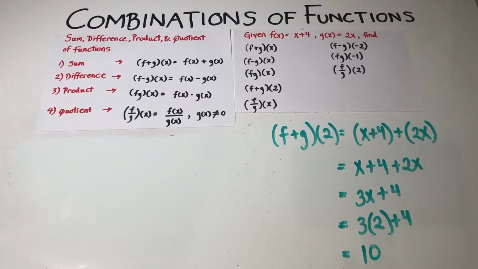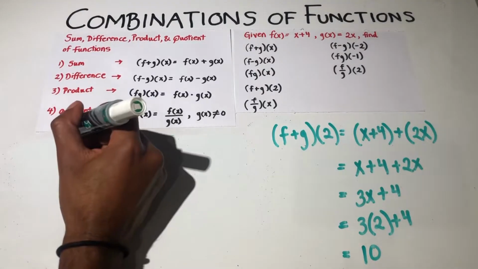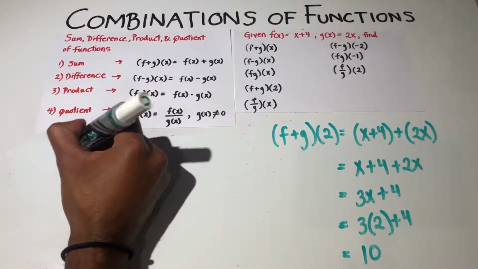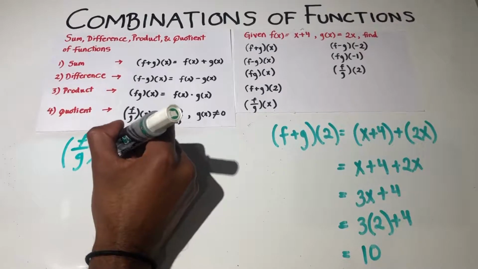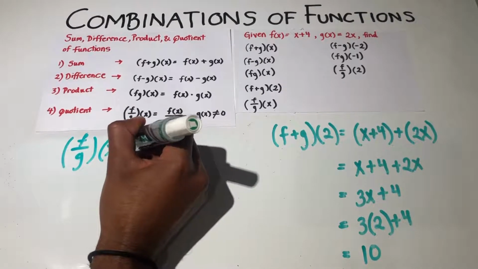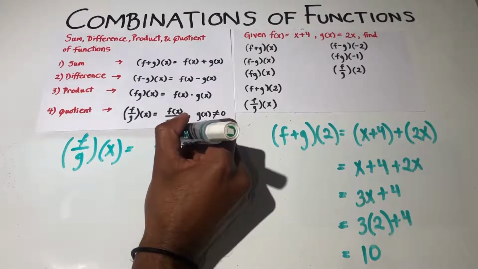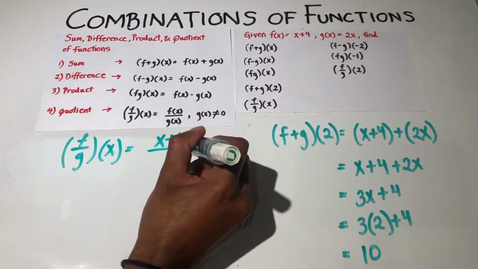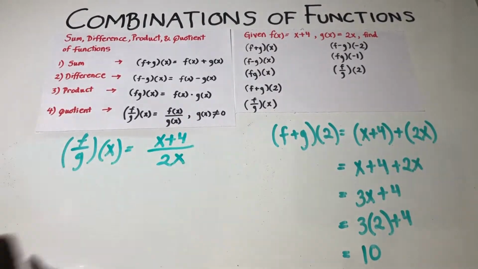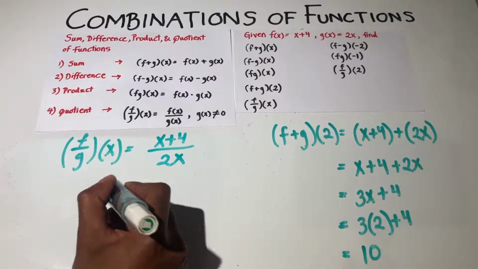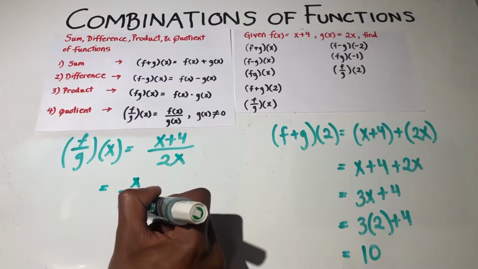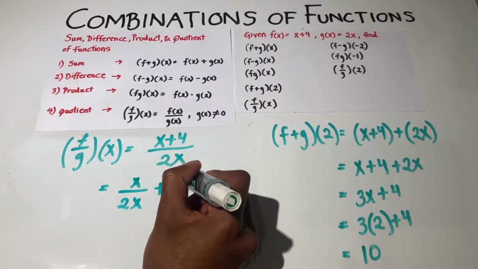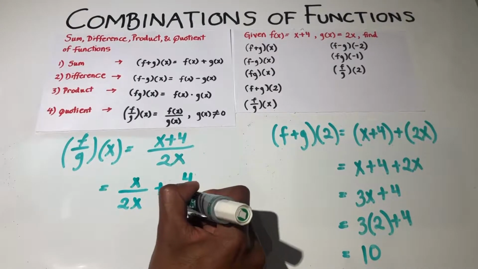For our fifth problem, we have the quotient f over g of x, which is simply x plus 4 over 2x. Now you can go ahead and separate this. We have x over 2x plus 4 over 2x.